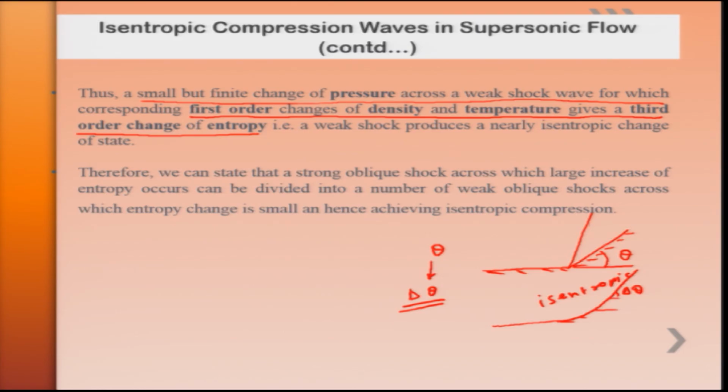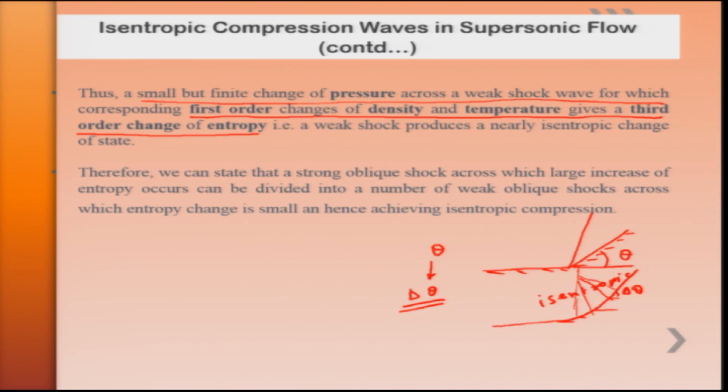Note that in both cases the shock waves are present. In the first case a stronger oblique shock, whereas in the second case a collection of weak oblique shocks near the wall, imparting only a small amount of disorder, and hence near the wall the flow field is essentially isentropic in nature.